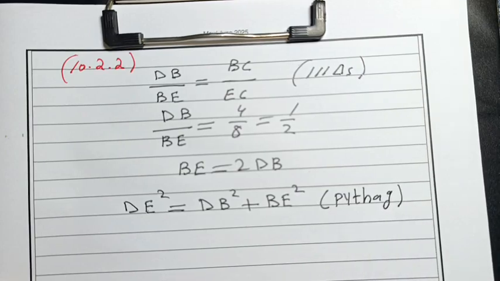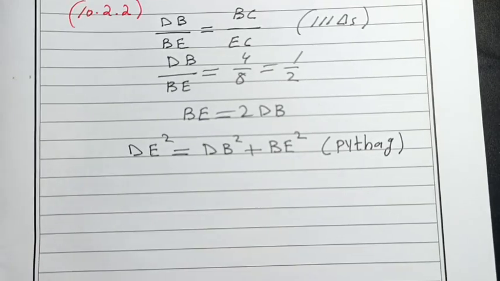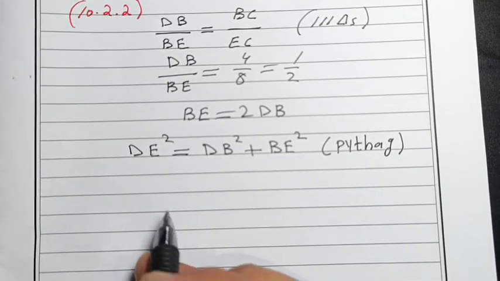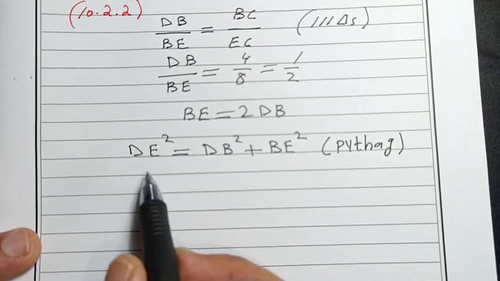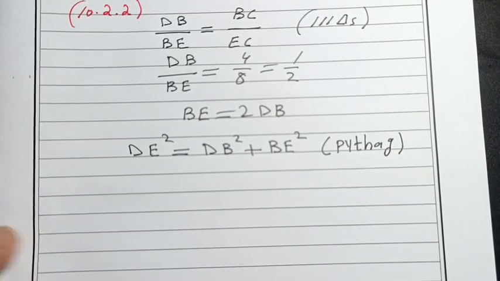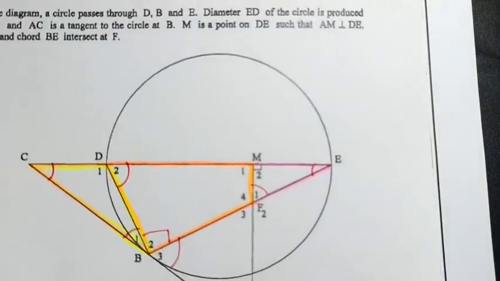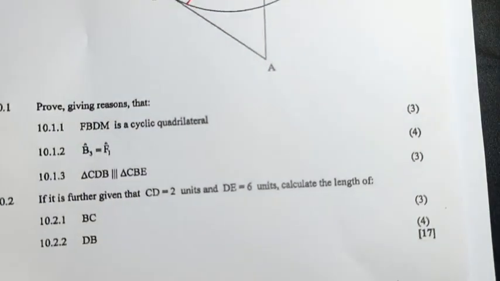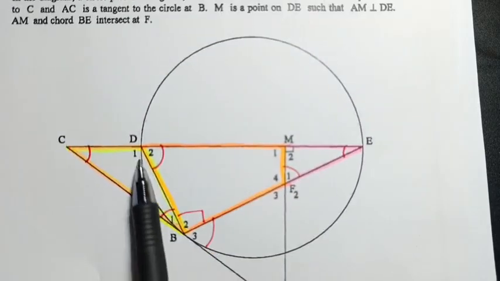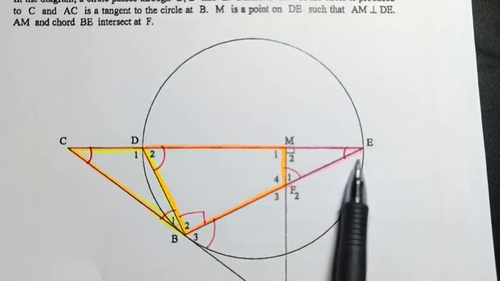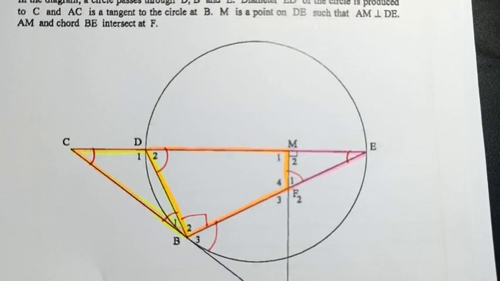Give the reason, Pythagoras theorem. Now DE we have 6 units. Remember, DE is 6 units, it is given.